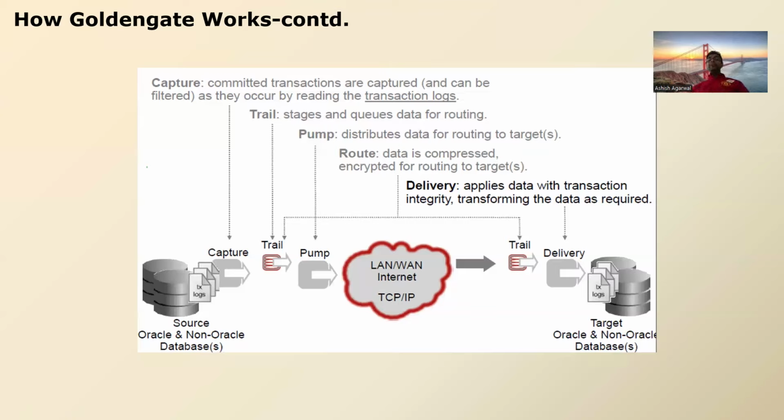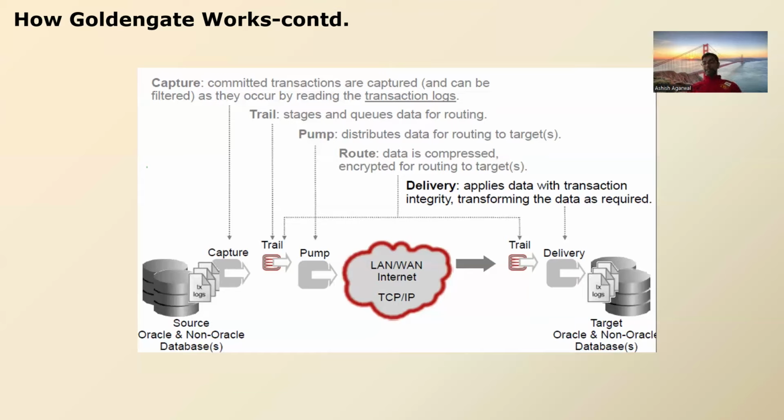So the pump process, guys, I again repeat, this is very important for you to know. The pump process doesn't transfer the trail file over the TCP/IP network. It reads the data from the local trail and writes the data to the remote trail. So there are two different files, local trail and remote trail. It just writes the data from the local trail to the remote trail.